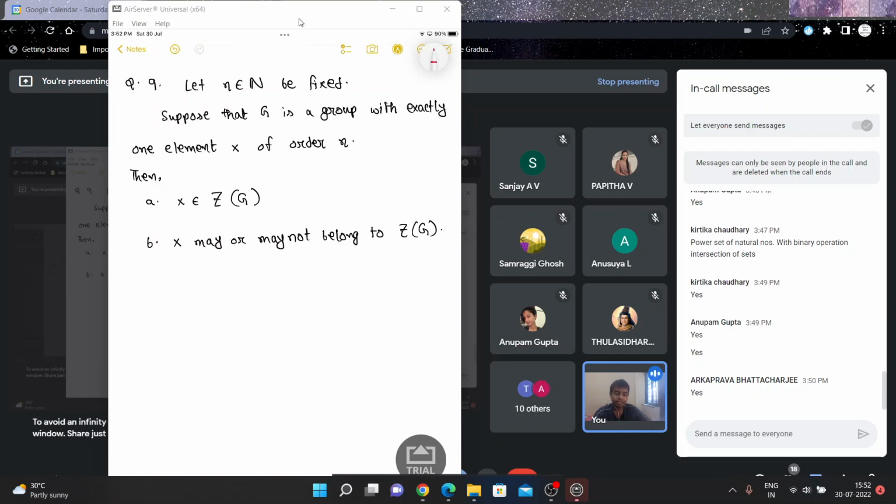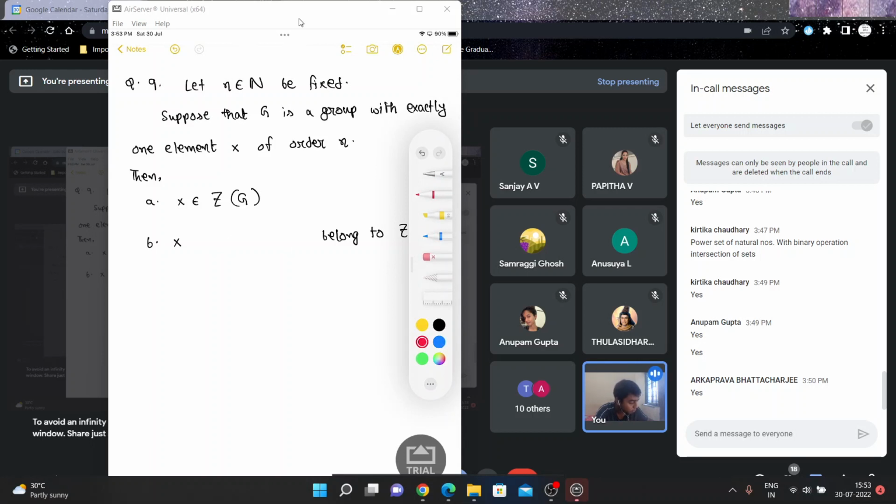Technically, if A is correct, then B is also a correct option, since it says may or may not. So there's a logical glitch in this. Let me change the option.